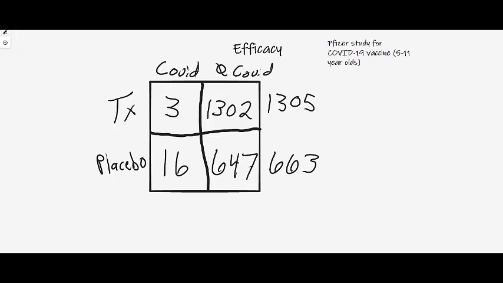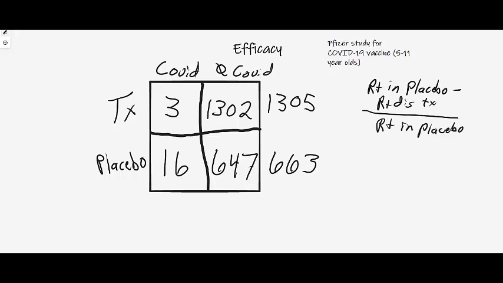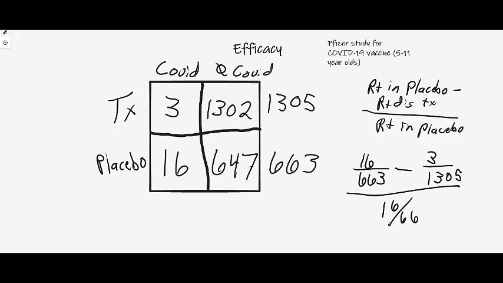Now, to calculate efficacy, we take the rate of disease in the placebo minus the rate of disease in the treatment group all over the rate of disease in the placebo. So that calculation would be 16 divided by 663 minus 3 over 1305 all over 16 divided by 663.